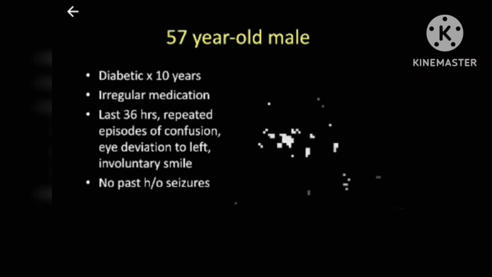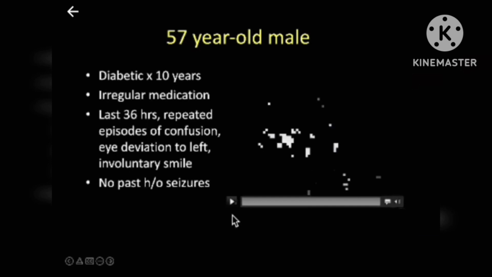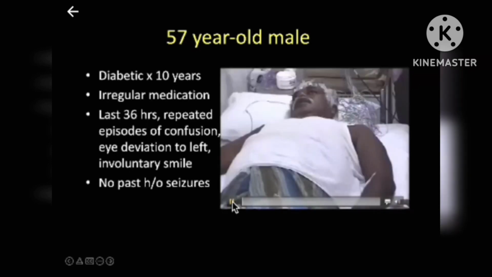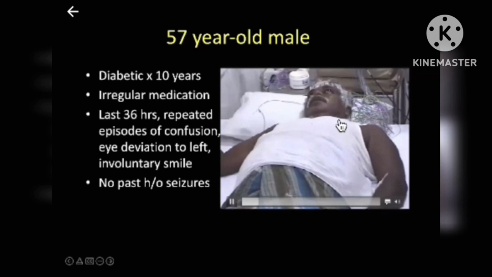You see, this is another patient who has come to the ER. 10 years of diabetes, irregular medicine, and for the last 36 hours, repeated episodes of confusion. You just see what is happening. We diagnose this in the ER. You see that the eyes will slowly drift to the left side. He is confused at the time.